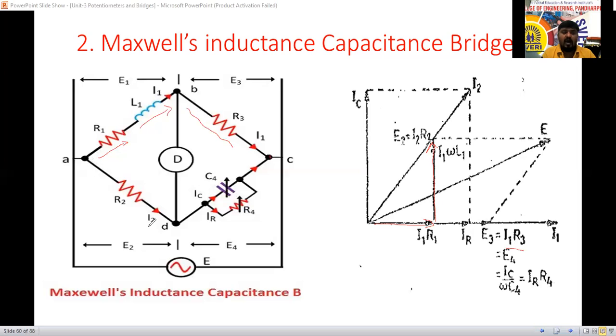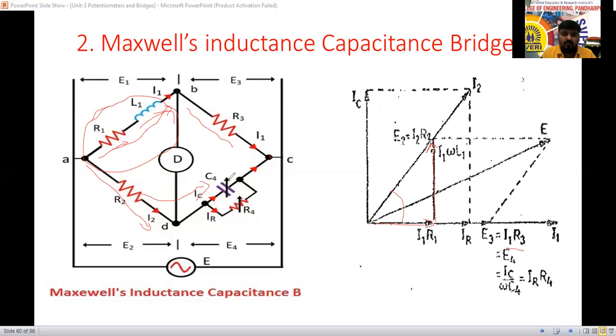Next, I2 R2 here now. The I2 R2 will come here only. See here, I2 and R2, there is a phase angle difference. Because I1 current is flowing in the inductive load, but I2 is flowing in the capacitive load.